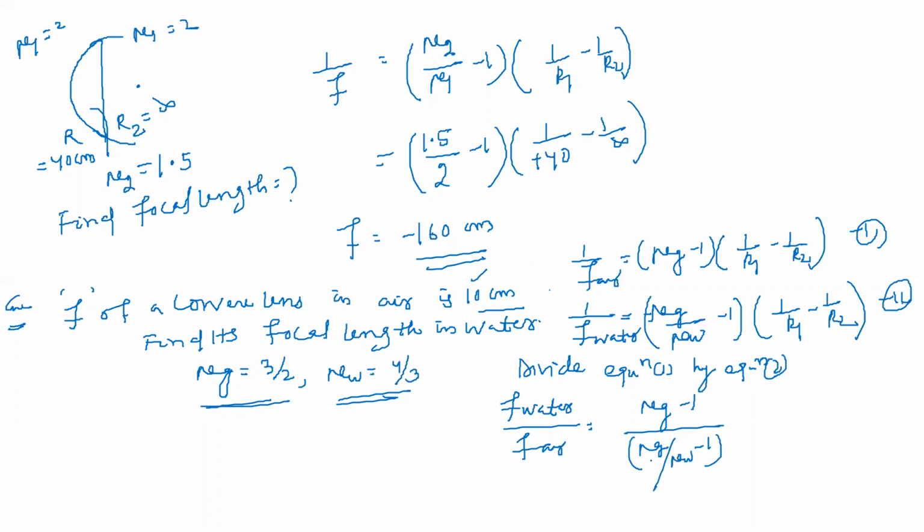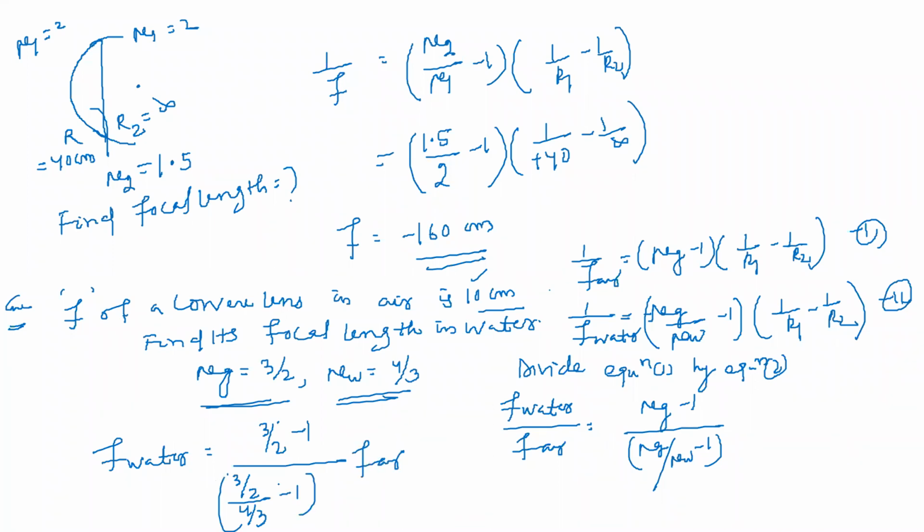Let's put all the values. Then to find F water, the focal length in water, what do we have to do? F water we want to find, yes or no? Then F air will be multiplied. So that is 3 by 2 minus 1, divided by mu glass, 3 by 2, by 4 by 3, whole, minus 1, into focal length of air.